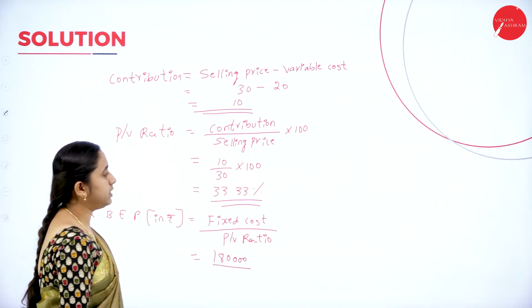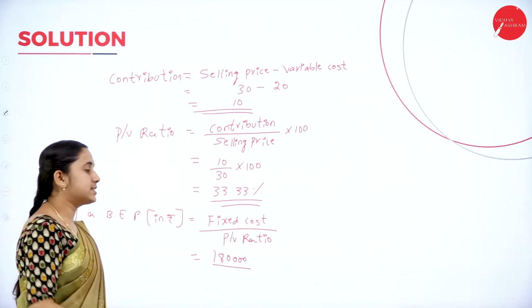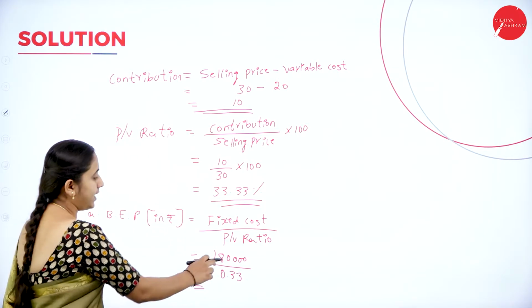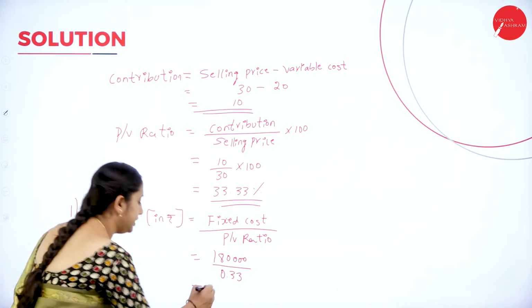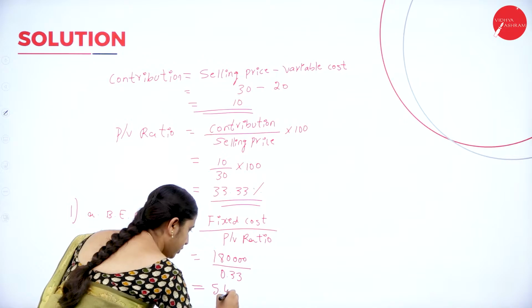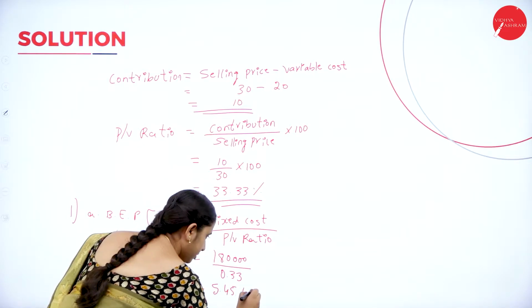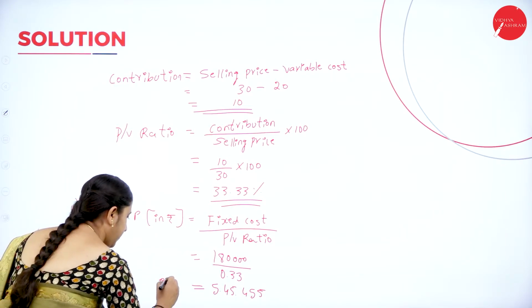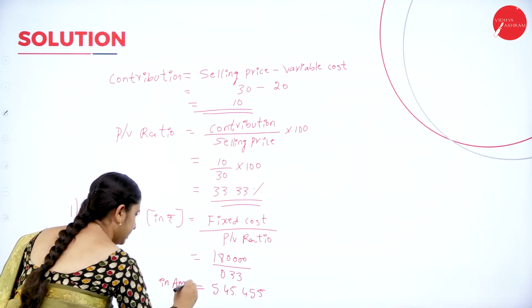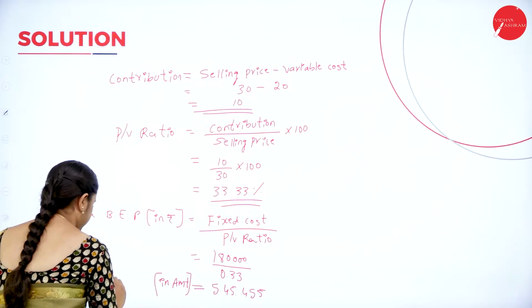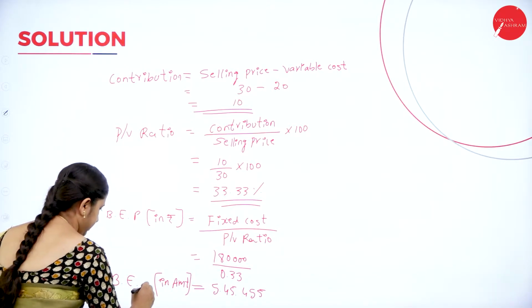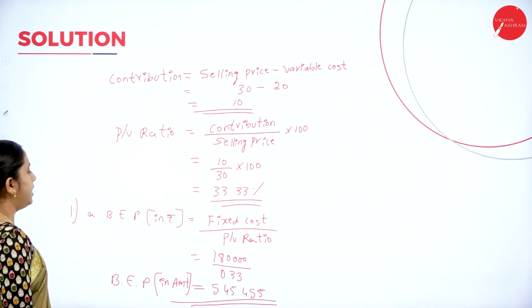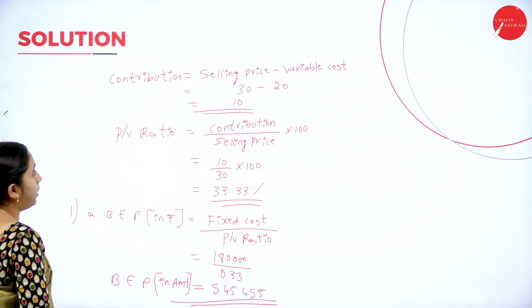PV ratio is 33.33%, which is converted into 0.33. 1,80,000 divided by 0.33 is 5,45,455. BEP in amount. Now, BEP in amount is over.